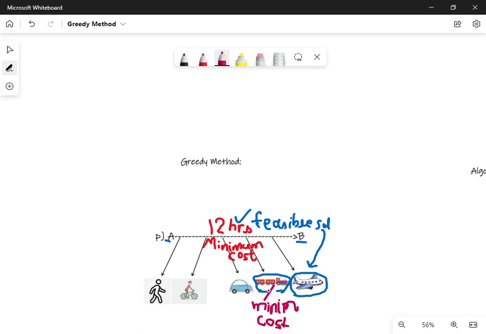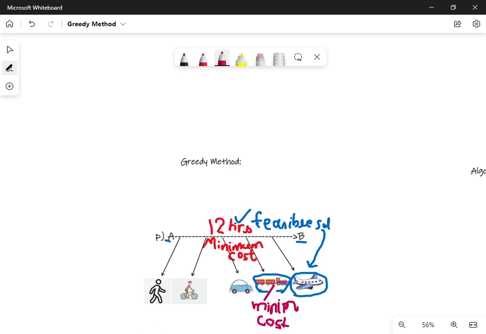So it is known as the optimal solution. Let me explain the optimal solution to you. A solution which is already feasible and giving minimum cost. Here, the train is already feasible because of the first condition. What was the first condition?